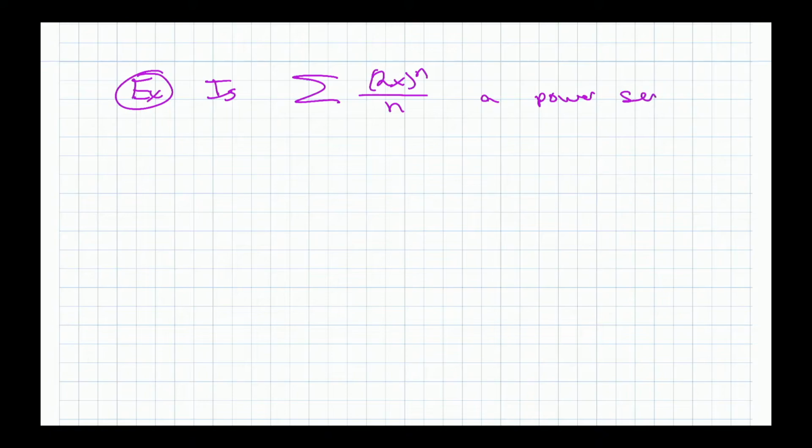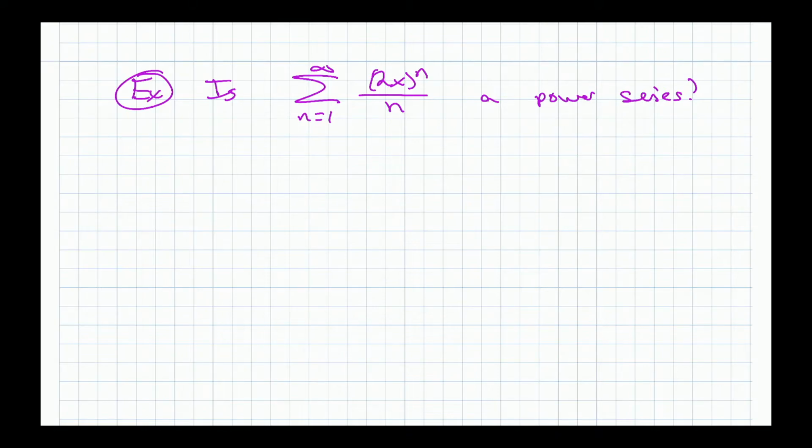All right, let's look at one more. Is the sum of 2x to the n over n a power series? I'll start at 1, not 0, because I don't want there to be a divide by 0. So is that a power series?